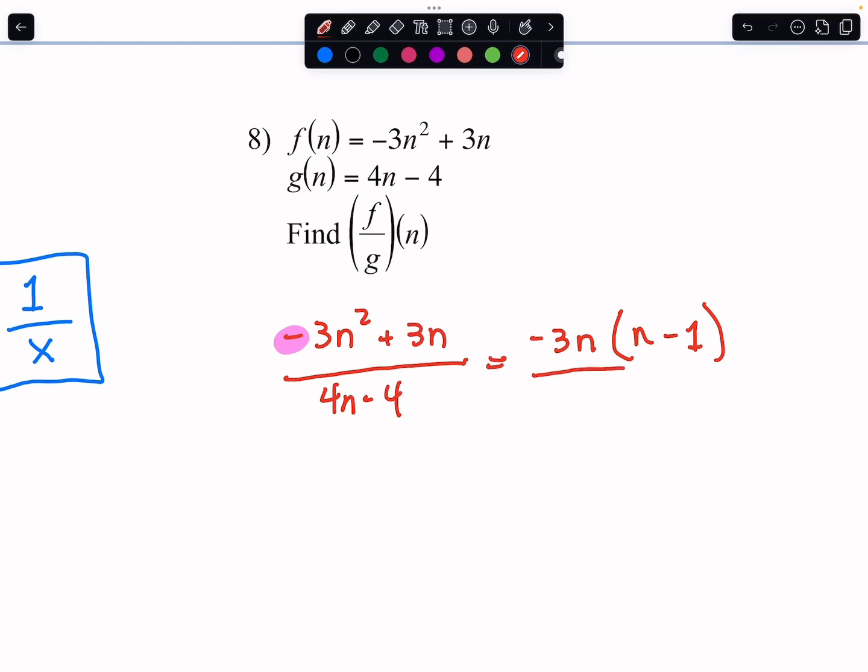And then on the bottom, I can see that they both have a 4, so I can pull out 4. I'm left with n minus 1. And now that I see that, I can actually cancel these. And so my final answer is just this part, the negative 3n over 4.